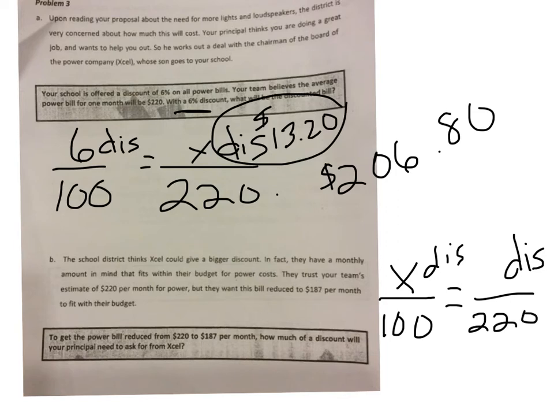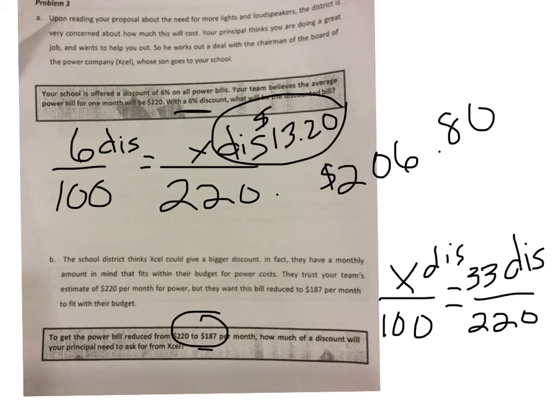And we have to figure out how much of a discount they need. $187 isn't the discount, it's what the new bill has to be. So if your original bill is $220 and you want it to go to $187, you're just going to subtract these two numbers to figure out how much you need to make that go down. And when you subtract those, you're going to need a $33 discount.